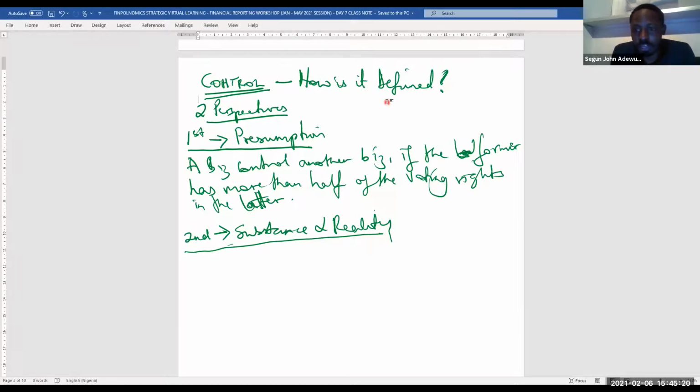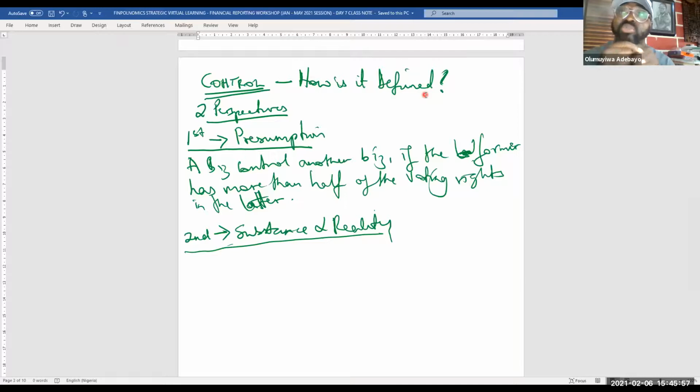And if a single individual or an entity is able to acquire more than 50% of the equity shares of a company, that means he has more than 50% of the voting rights in that company. And in that way, he will be able to exercise control over that company that is being acquired. Okay.